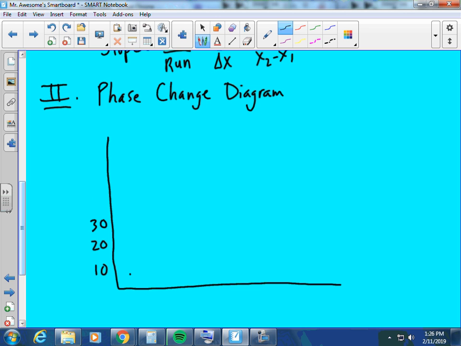Might not be exactly like this, but something like this. Okay? And you're going to have to know what that represents, all parts of it. I might ask you, what part of this graph is a solid? In which case you would want to say something about this part being a solid.